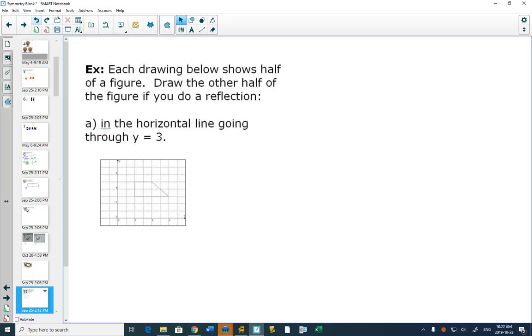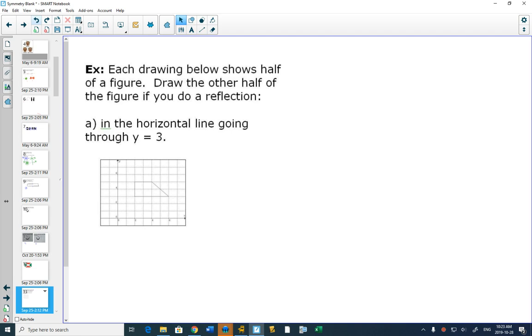So now we get to some advanced lines of symmetry. In this one, it says each drawing below shows half of the figure. We want to draw the other half if you do a reflection in the horizontal line going through y equals 3. So first of all, on your graph, do you know your graph has an x-axis and a y-axis?